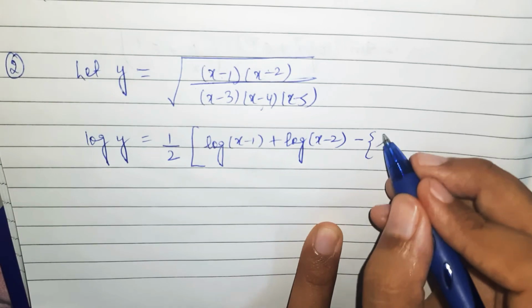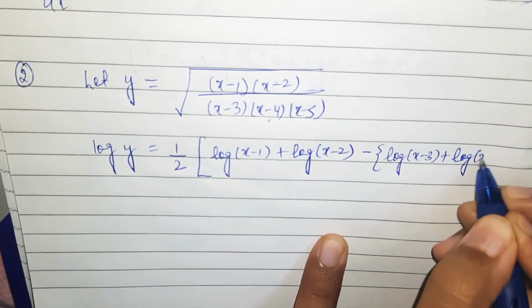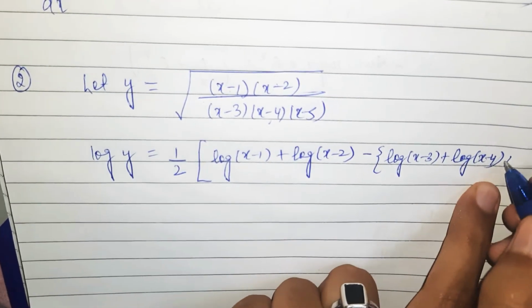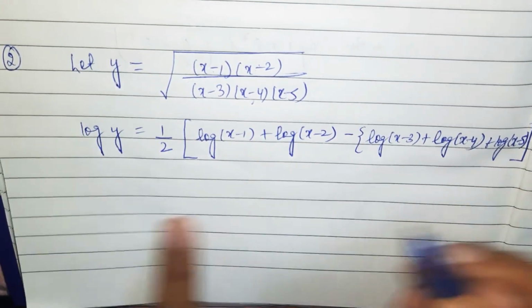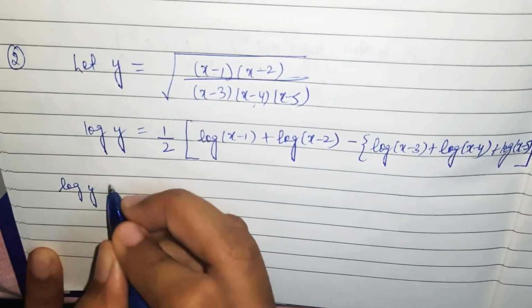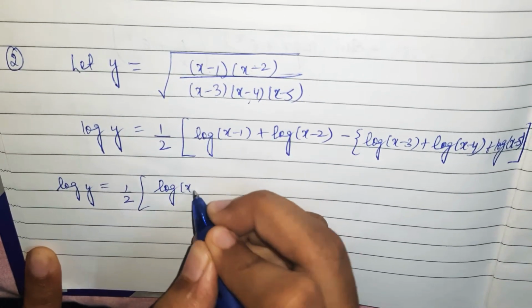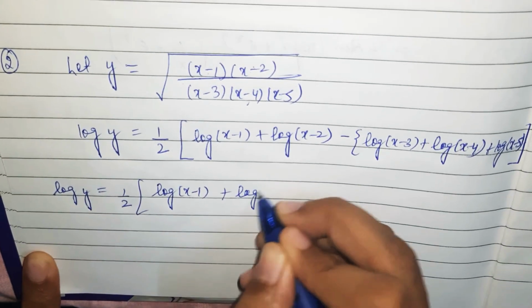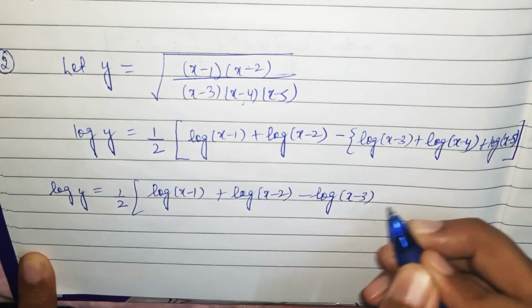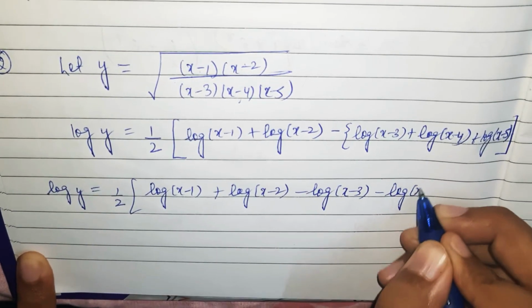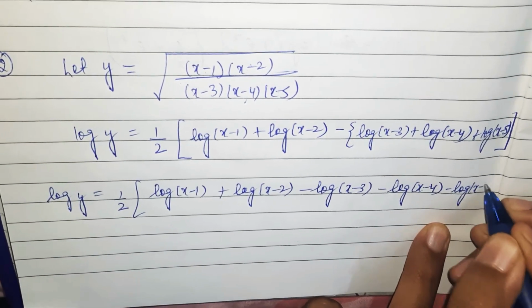So this will become log of x minus 1 plus log of x minus 2 minus log of x minus 3, because of the negative sign it will change, minus log of x minus 4 minus log of x minus 5, all multiplied by 1 upon 2.